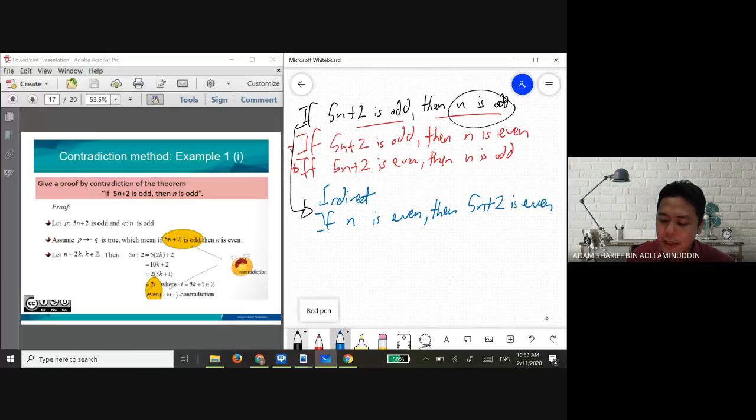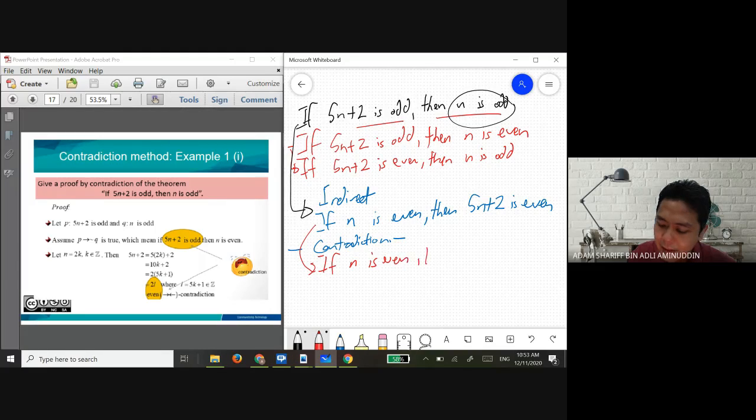Tetapi kalau guna contradiction method, where they try to negate even the indirect one, instead I try to prove if n is even, then I say that 5n plus 2 is odd. Saya degil ni. Saya tak nak percaya dia even. Saya nak kata dia odd juga.